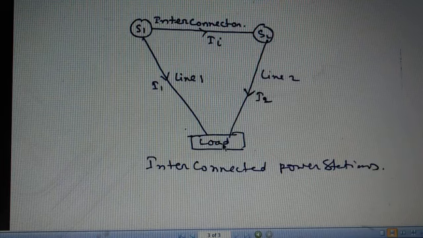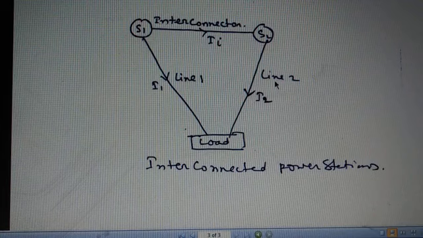So this is the load which is connected to the two power stations, and the current from station S1 is I1. This is called the first line. The current passing from station S2 to the load is called I2, and this is called the second line.